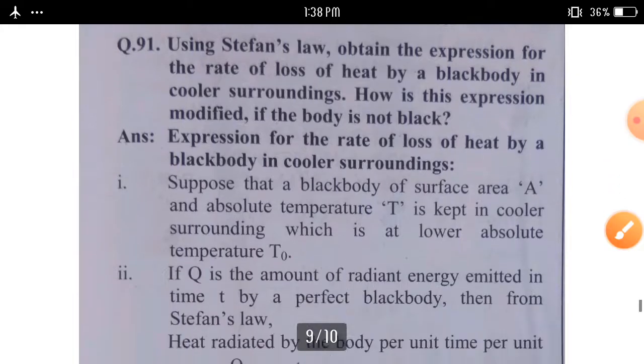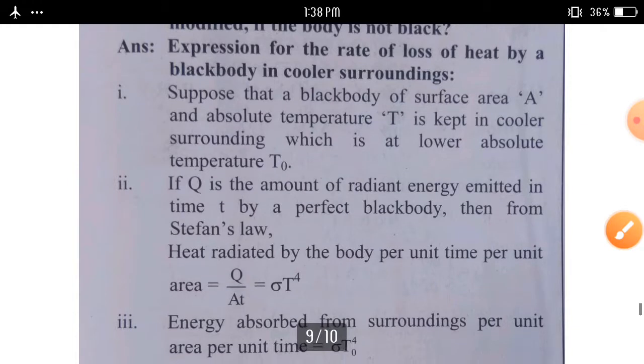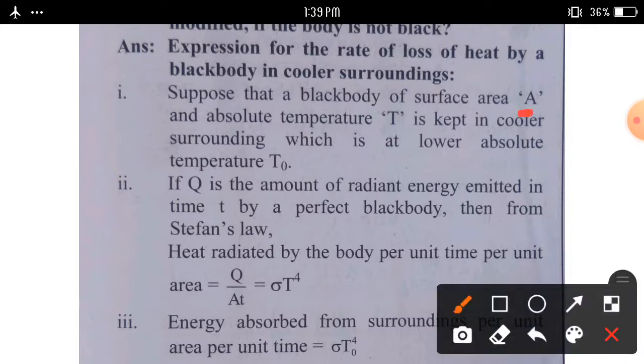Then another one, the expression for the rate of loss of heat by a black body in a cooler surrounding. Suppose that a black body of surface area A and absolute temperature T is kept in a cooler surrounding which is at a lower absolute temperature T0.